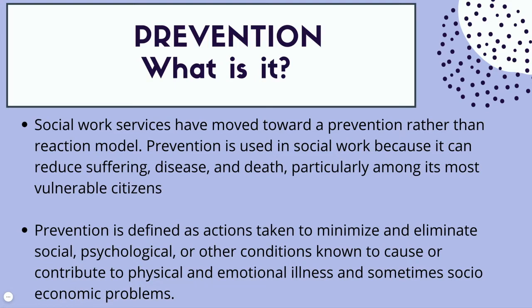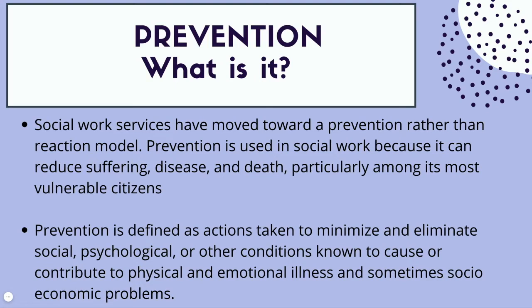So the definition of prevention is taking steps or actions to minimize and eliminate social, psychological, or other conditions that can cause or contribute to physical and emotional illness and sometimes socioeconomic problems. That's a lot of words. What does that mean?